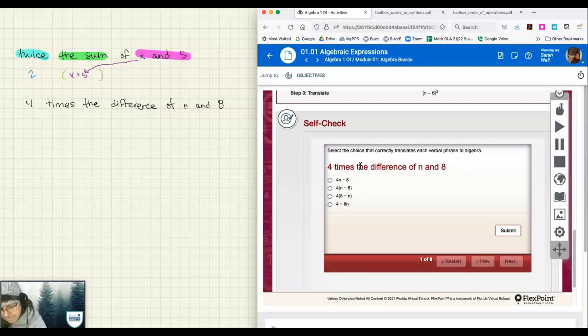Highlight. 4 times, okay, the difference. Now we've got the parentheses, right? Because we're using the words the difference of, boom. Last but not least, n and 8.